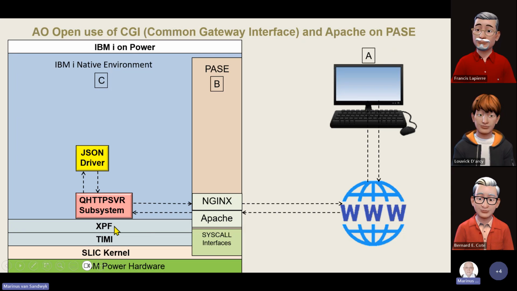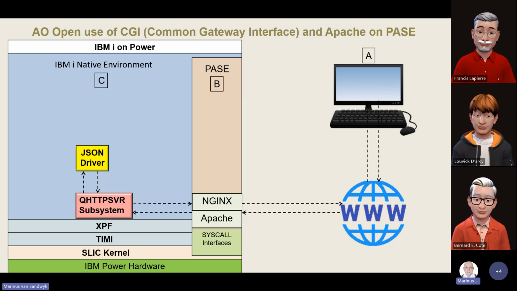XCPF, just as a matter of interest for those that don't know, the operating system on the System 38 was called CPF, Control Program Facility. What IBM did when they brought the AS400 out, on which IBM i is based, they extended CPF, and XPF stands for Extended CPF.